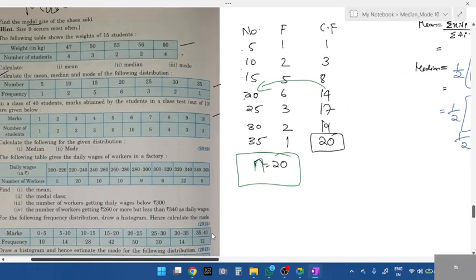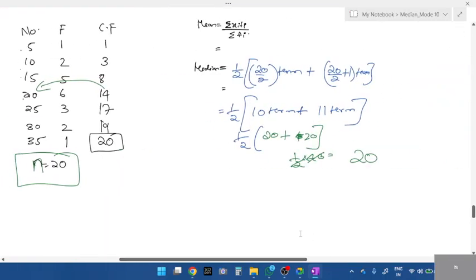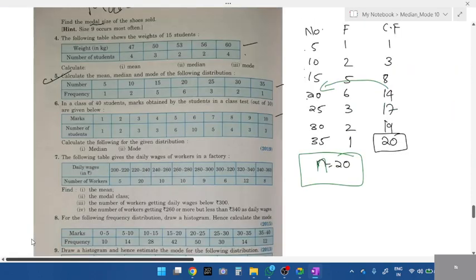Fifth question. Which one is this? 26th, fifth question. 19.5. I mean, 20 is correct. Tell me mode, students. What is mode? Have we taken the values correctly?